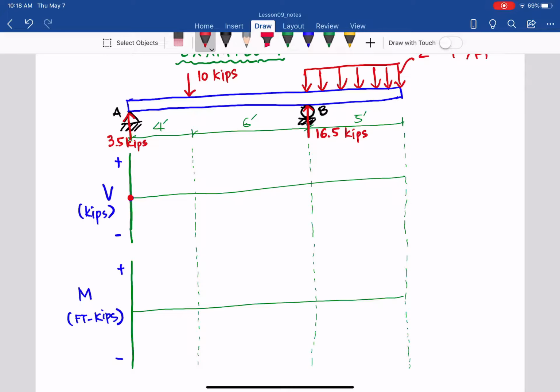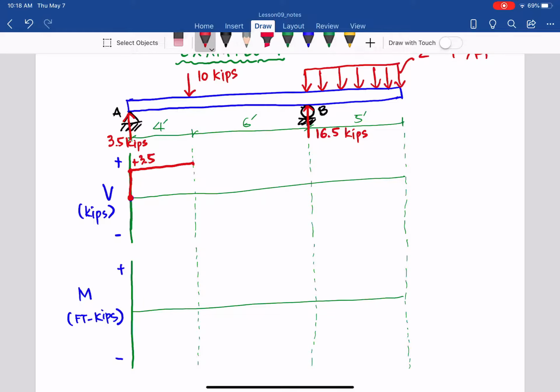So 3.5 kips going up creates a discontinuity in the shear, move up 3.5. So plot 3.5 kips. Between A and the 10 kips, nothing, so you will have the same 3.5. And then 10 kips going down causes a discontinuity in the shear diagram.